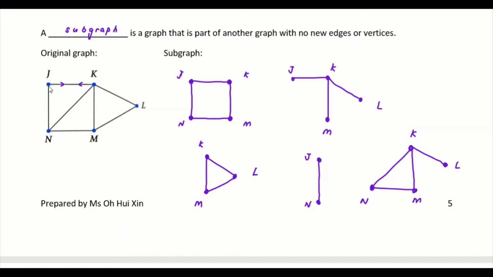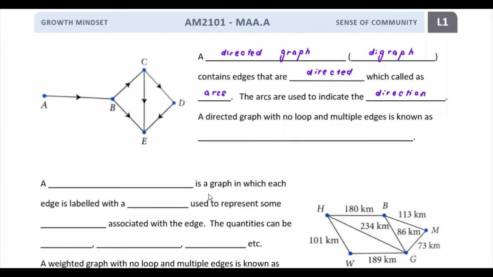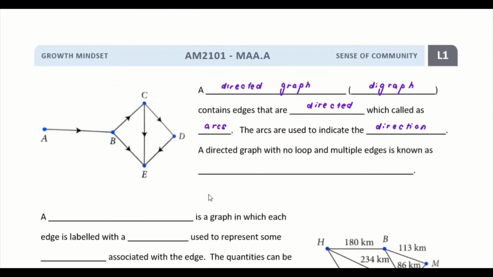So J can go to N and N can go to J as well. The one without arrows means it's a two-way thing. But for a directed graph, it's only one way, meaning that it follows the direction or the arrow that you assign for the vertices.